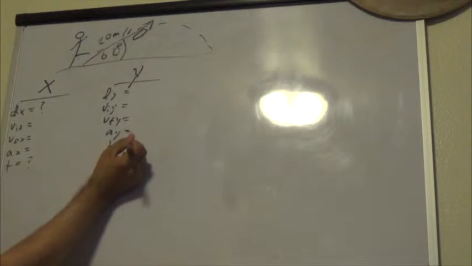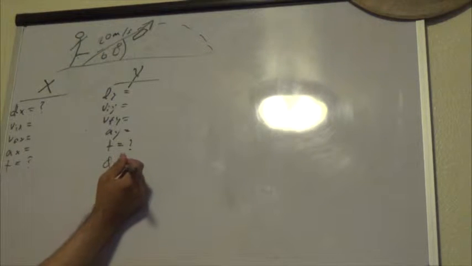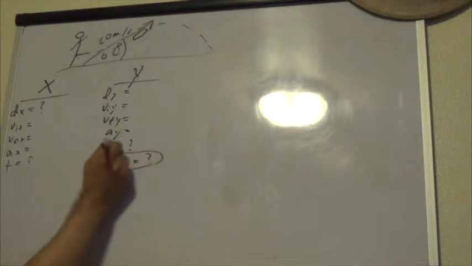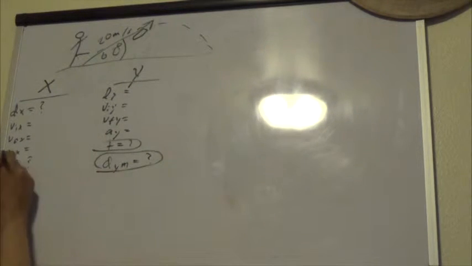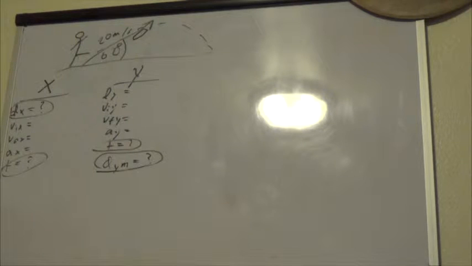Okay, let's start by looking at what we want to find. We want to determine the time that the ball is in the air, which will just be the normal time. And then we want to find the horizontal displacement, which in any projectile motion case will be the d of x. That'll be how much the ball travels horizontally, or how much it goes forward from where it started, or backwards.